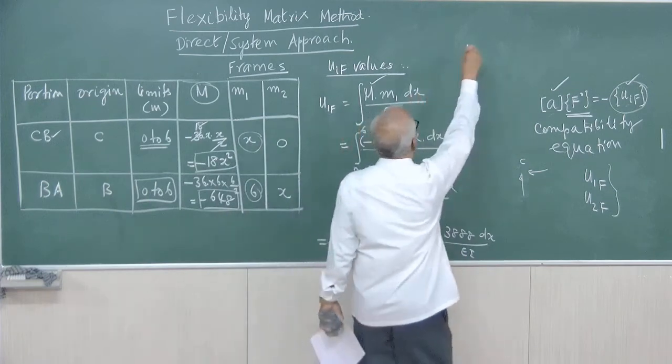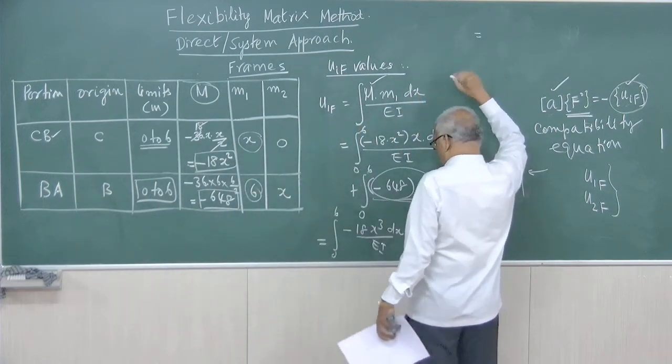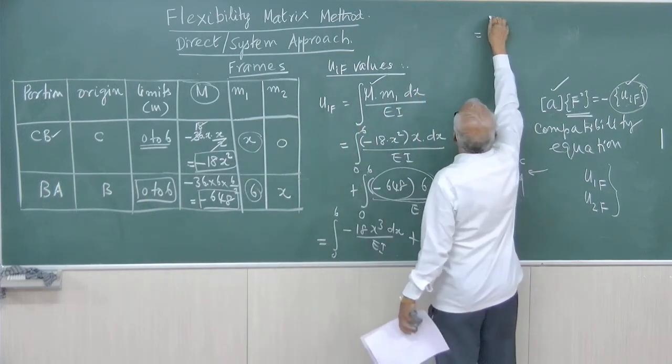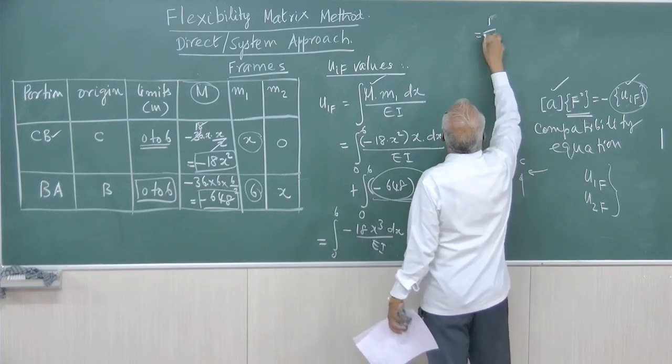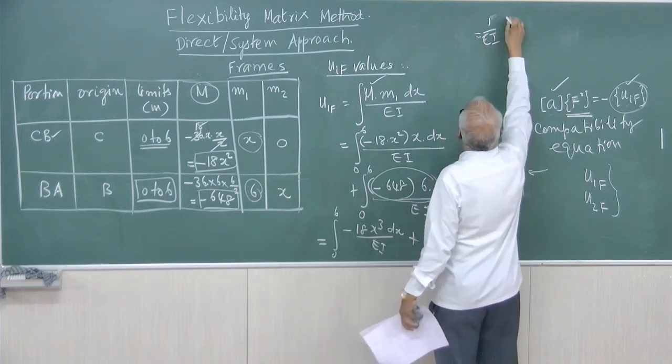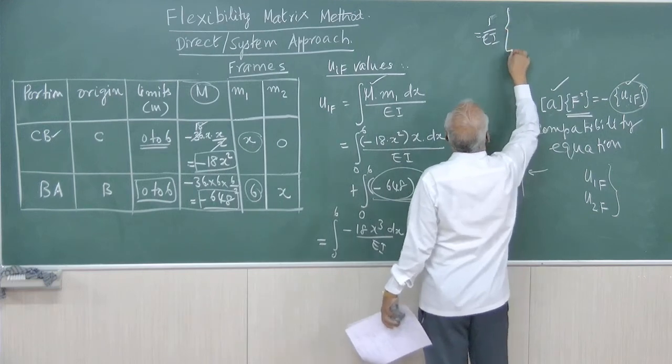This is equal to, we can take 1 by EI outside, because it is common to both.